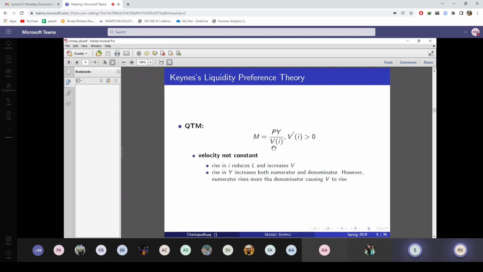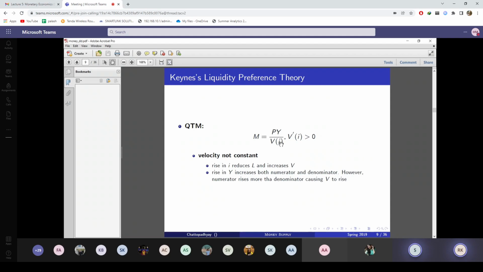The right-hand side represents the demand for money, and it falls. That's my speculative demand for money. So that is why Keynes got a negative relation between money demand and interest rate, simply by assuming this. But Keynes didn't have any micro foundation for why I assumed V prime I positive.